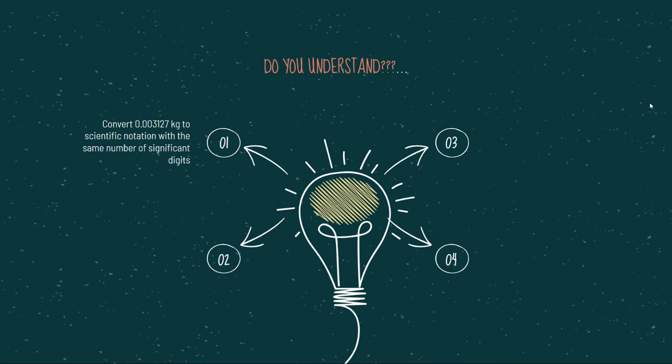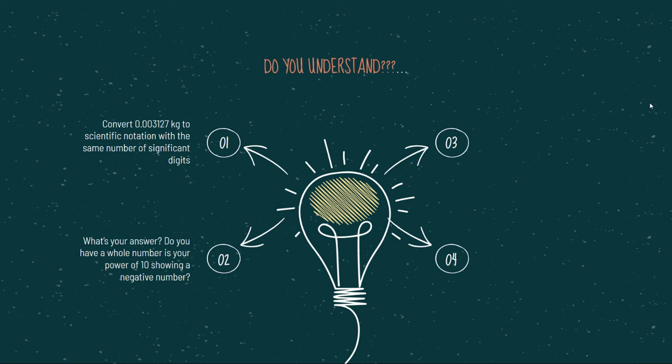So you're going to start off by reminding yourself, make a number between 1 and 10, count my decimal spaces. Okay. So what's your answer? And do you have a whole number? So a whole number would be a number between 1 and 10. And does your power of 10 show a negative number?